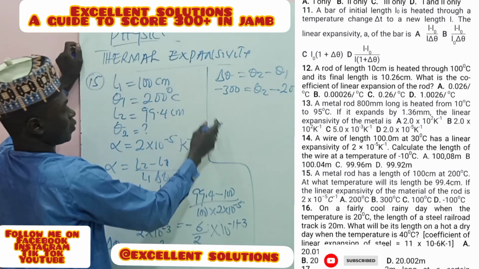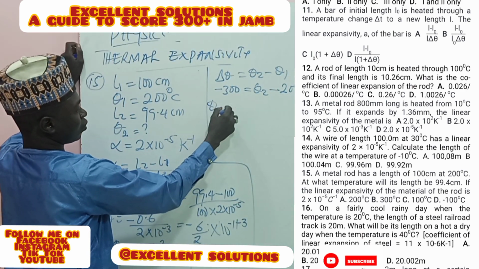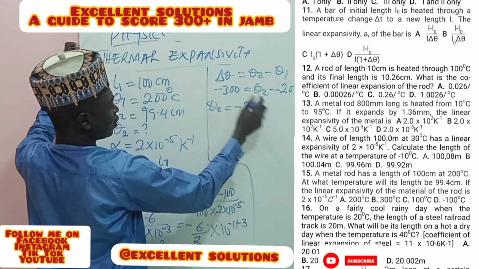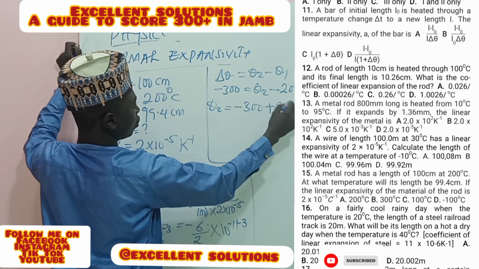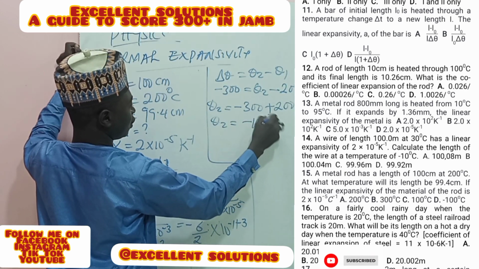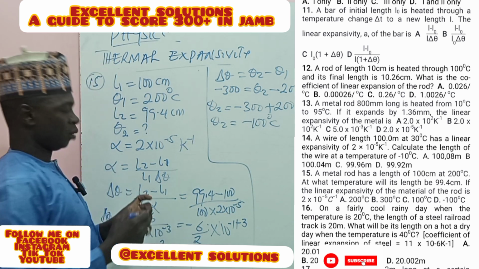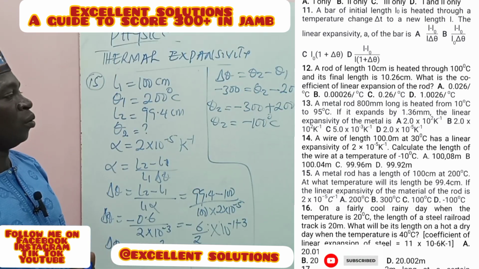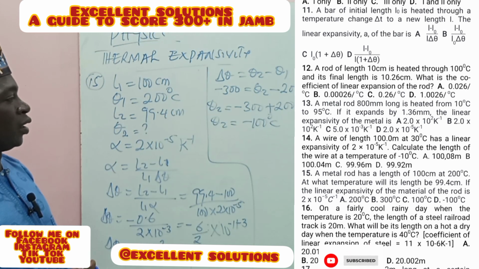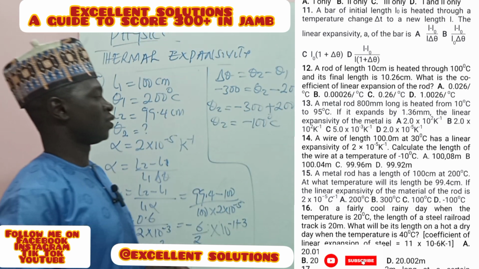So if this one comes here, we now have theta 2 equals minus 300, and if this one crosses, it becomes plus 200. So we have theta 2 equals minus 100 degrees Celsius. And if you look at our options, we have minus 100 degrees Celsius in option B. The answer is B.